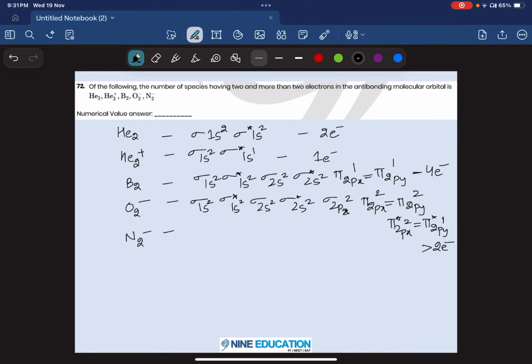Similarly, if you write N2 minus, you will get more than 2 electrons in anti-bonding molecular orbitals. So except helium 2 plus, all others have two or more electrons in anti-bonding molecular orbitals. So the answer would be 4.